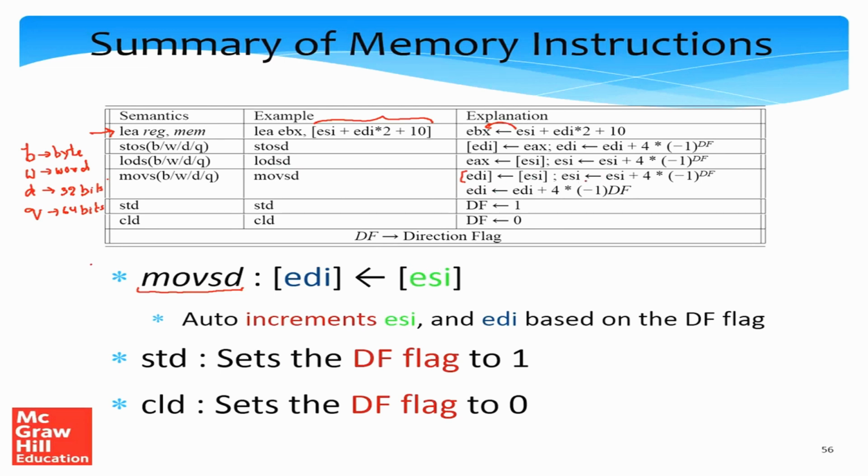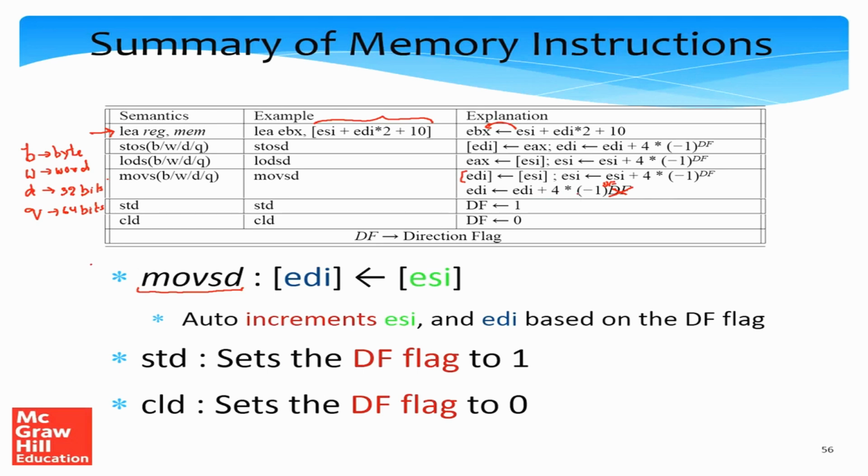Subsequently, we augment ESI. We add 4 to it or subtract 4 depending upon the flag bit. Sorry, one more mistake, this DF should be at the top. And similarly, we do the same with EDI.